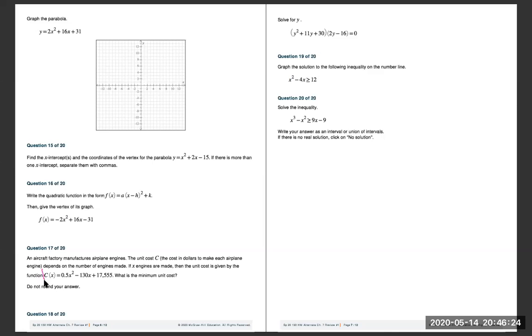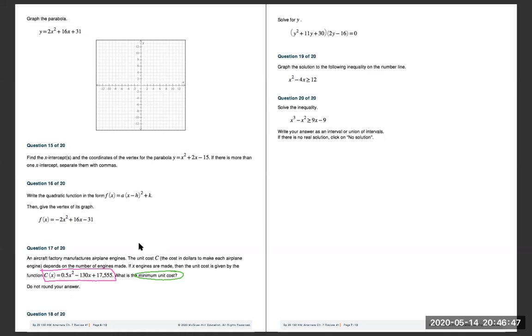C of X is equal to 0.5 X squared minus 130X plus 17,555. What is the minimum unit cost? And it says don't round your answer.